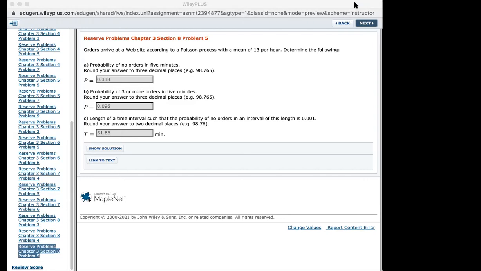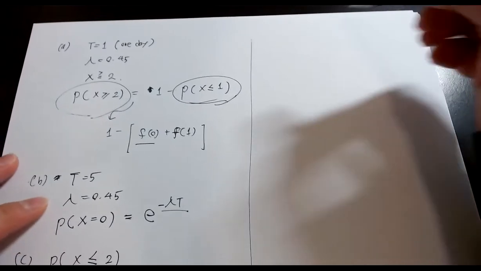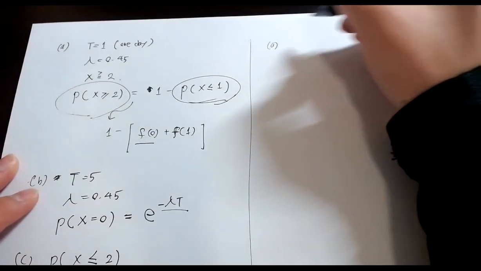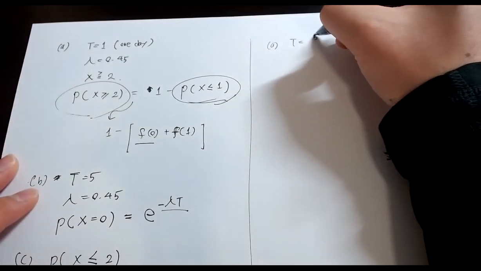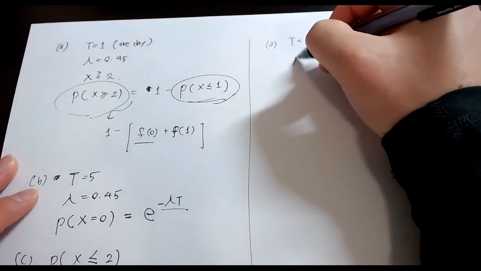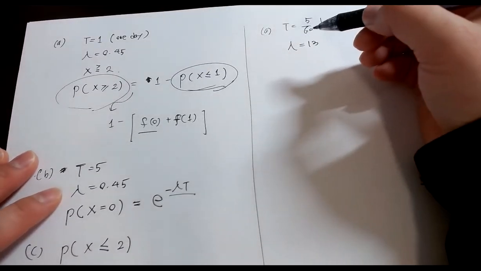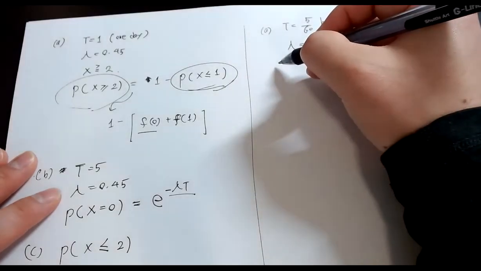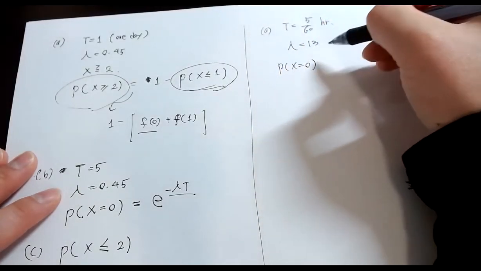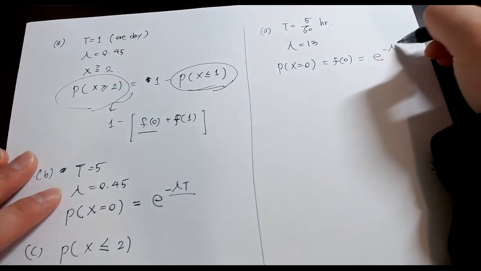Let me continue solving that problem on the sketch paper. For question A, t is 5 over 60 hours and lambda is still 13 per hour. The probability of no orders means the probability that x equals 0, so we need to evaluate f of 0, which is e to the negative lambda t, as I told you.